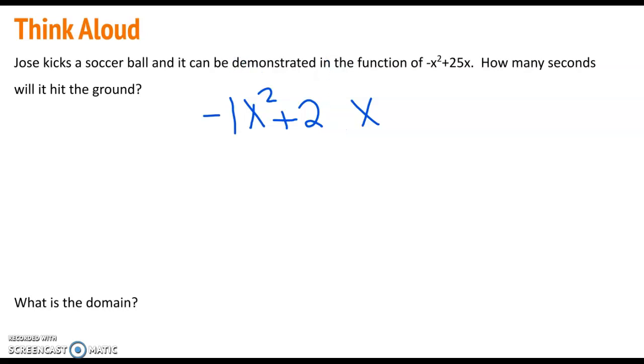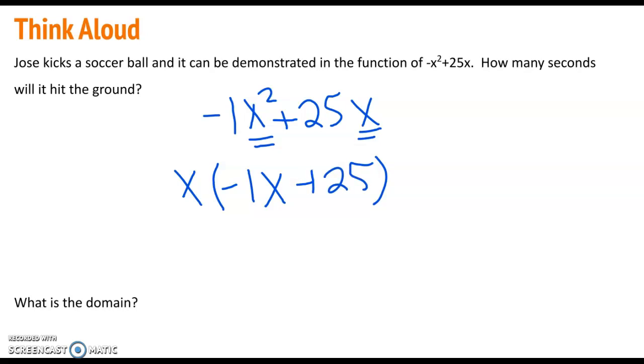When I have an A term and a B term, I know they're both going to have x in common. So I'm going to be taking that variable out. And what I'm left with inside the parentheses is negative 1x and a positive 25.